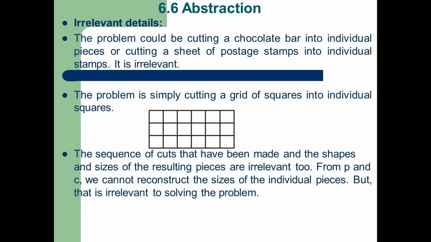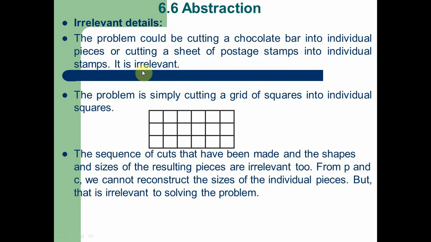Now the irrelevant details, which should be ignored. So what are the irrelevant details? The problem could be cutting a chocolate bar into individual pieces, or cutting a sheet of postage stamps into individual stamps. It is irrelevant.